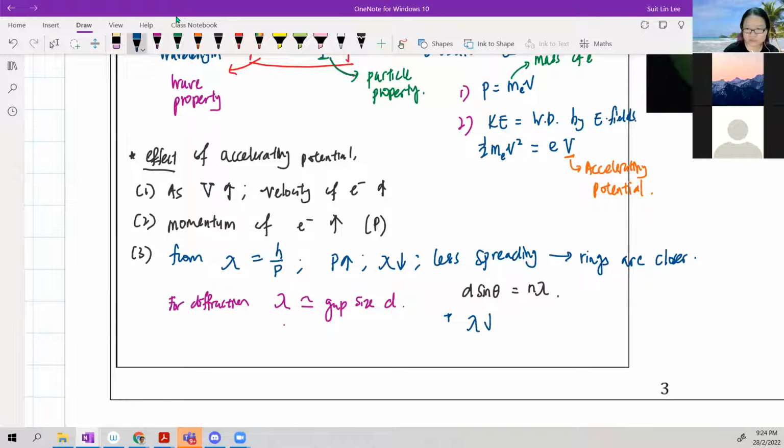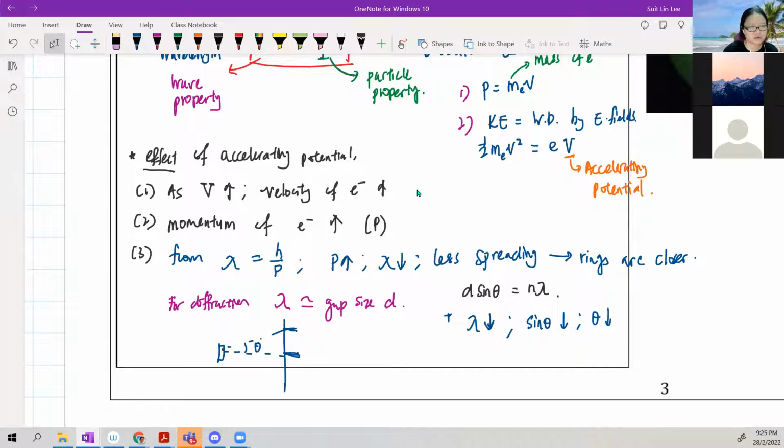From this equation, when lambda decreases, I can't change the atomic spacing of my graphite target, right? I can't tell the graphite atoms, hey, move closer together, please. Not possible. So everything else is constant except my angle theta. When lambda becomes smaller, sine theta will have to follow. Sine theta becomes smaller, theta becomes smaller. If you remember your diffraction diagram, let's say this is the bright line, this is another bright line.